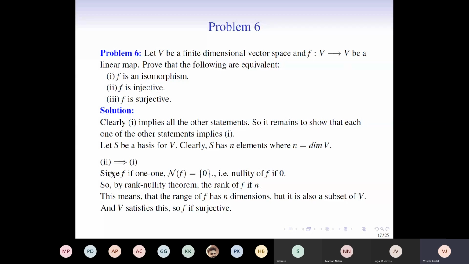So we started by assuming that f was injective, and we have proved that f is also onto, and hence it's an isomorphism. So this proves 2 implies 1, and it also proves 2 implies 3. That could also have followed because 2 implies 1 and 1 implies 3. So we have done 2 in the reverse direction.